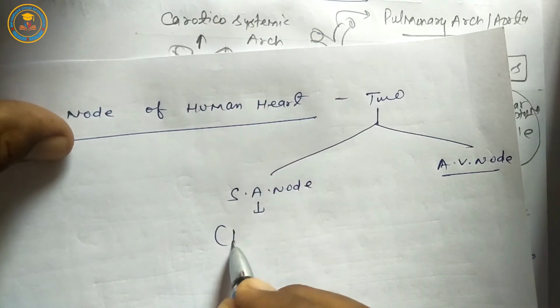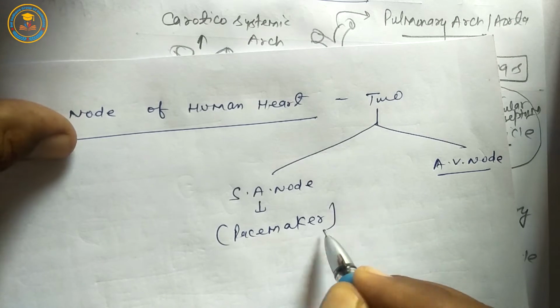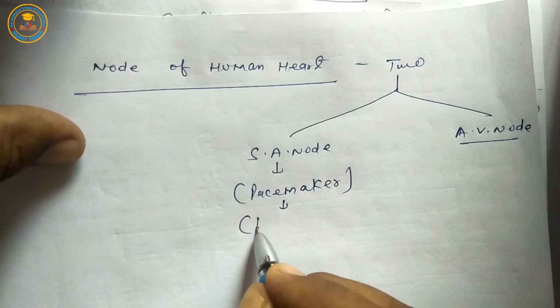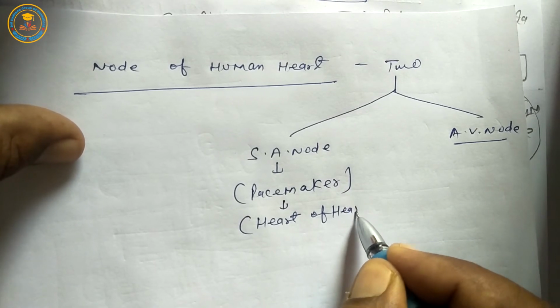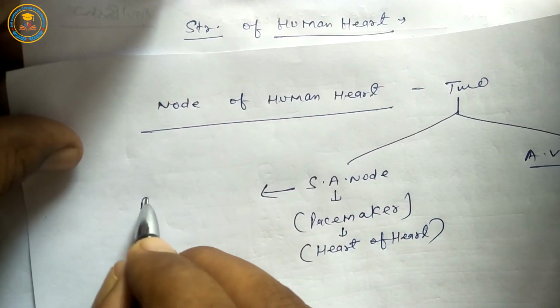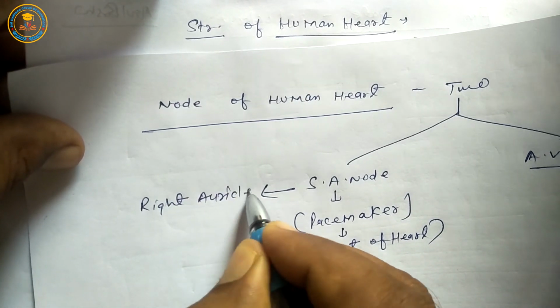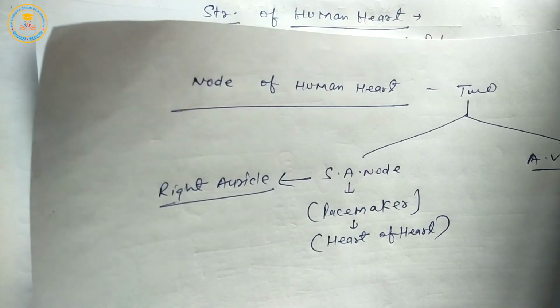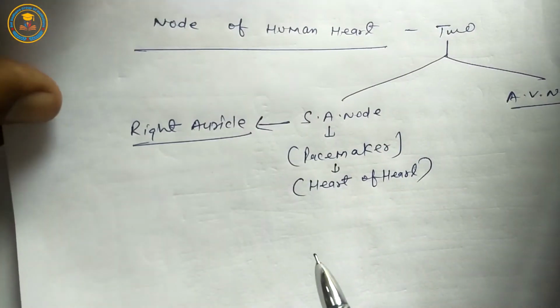It is also known as pacemaker, it is also known as heart of heart. Next, location: the SA node and AV node are located in the right auricle.